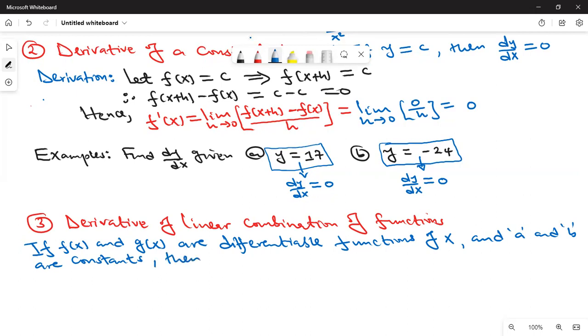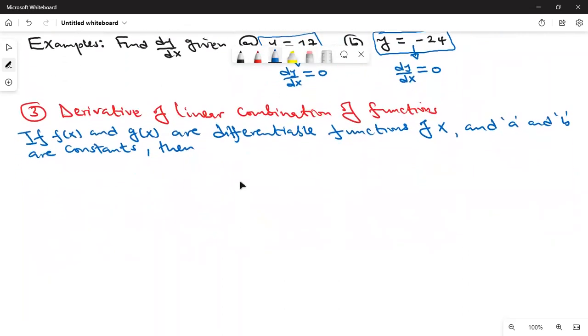then the derivative with respect to x of a times f of x plus b times g of x should be equal to a times f prime of x plus b times g prime of x, where the primes denote derivative with respect to x.